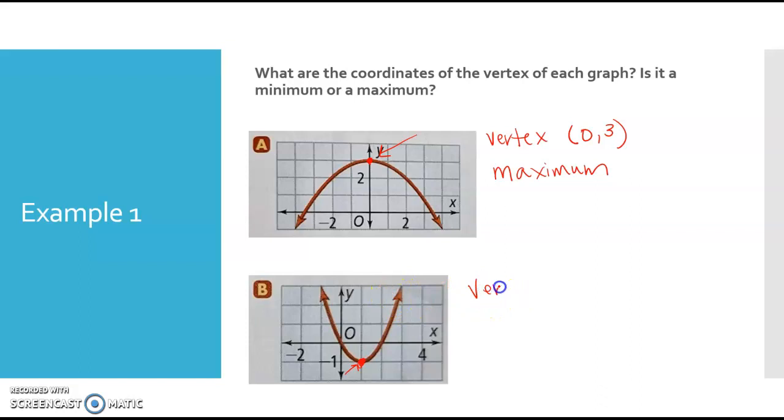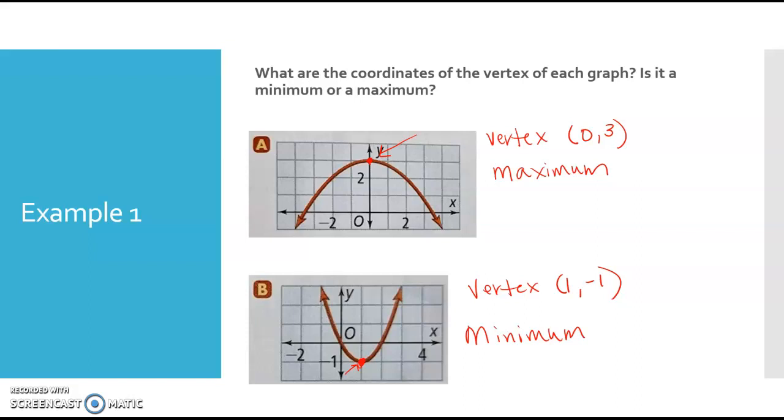Our vertex is at the point 1 comma negative 1, and then it's at the bottom of my U, so this is a minimum value. So A is opening down, so we have a maximum. B is opening up, so we have a minimum.